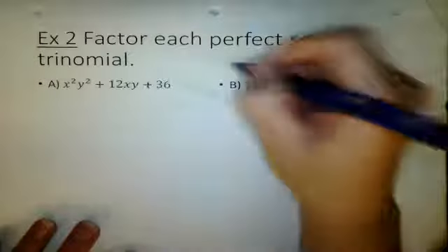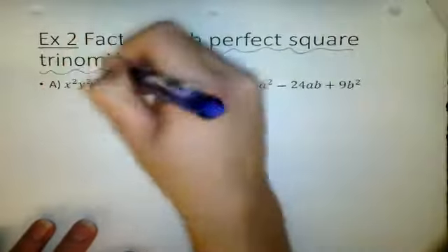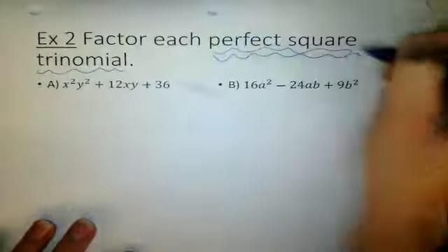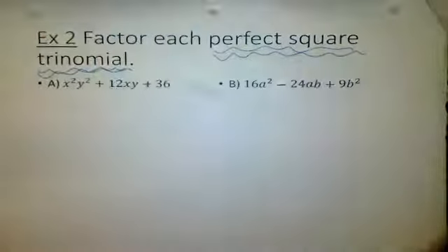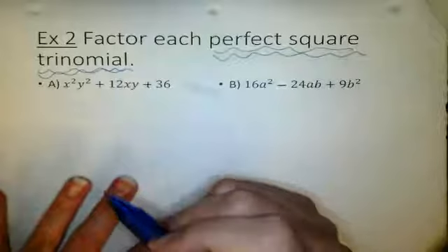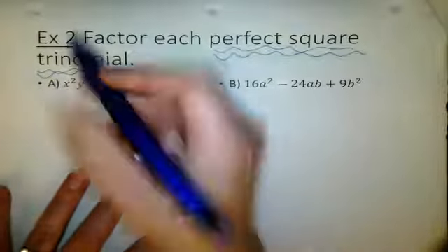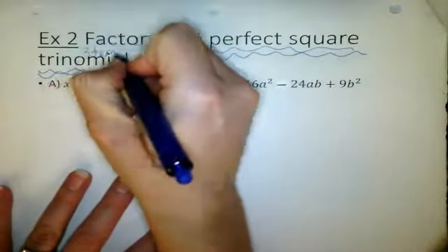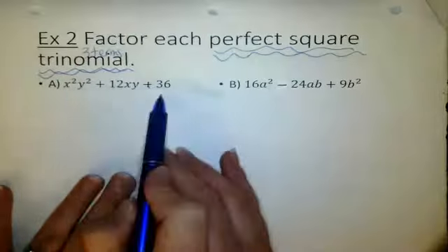Factor each. Perfect square trinomial is the special name for this type. Trinomial means what? Three terms. And you can see 1, 2, 3 terms here.